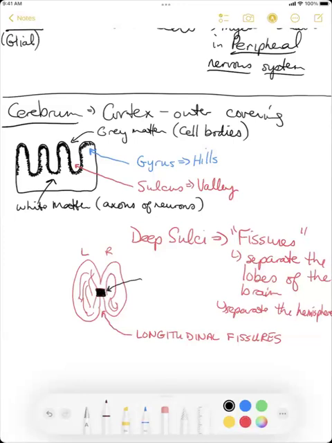And this is referred to as the corpus callosum. The two hemispheres are connected by the corpus callosum. So they're not truly two separate brains. They do have a connection between them.